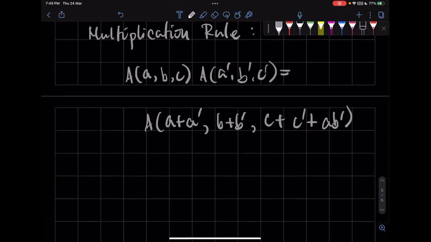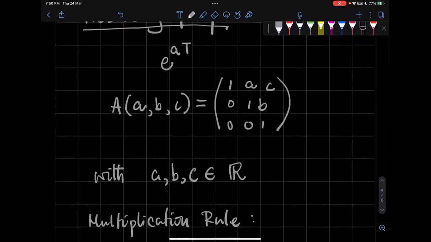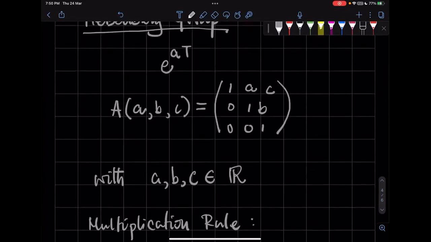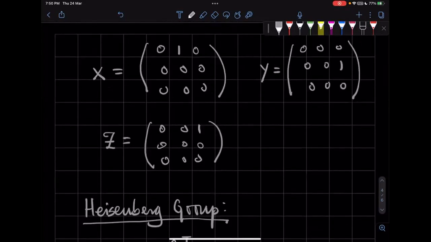So do we have to find that form using series expansion from e to the power at? Sorry? The form you wrote, (A, B, C), do we have to figure that out by expanding e to the power at using each of the generators? Yeah. And then it should be obvious that, for an infinitesimal value of A, B, and C, these are the terms, right?